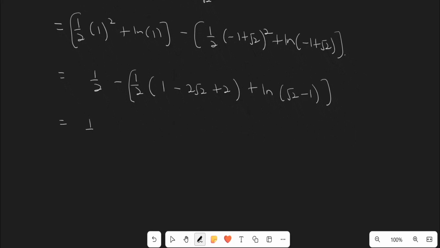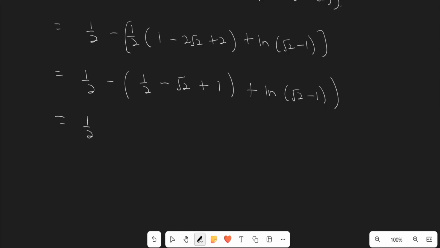And this is 1/2 minus, we can now multiply in with your half. Okay, we have half minus root of 2 plus 1 plus ln of square root of 2 minus 1, like this.